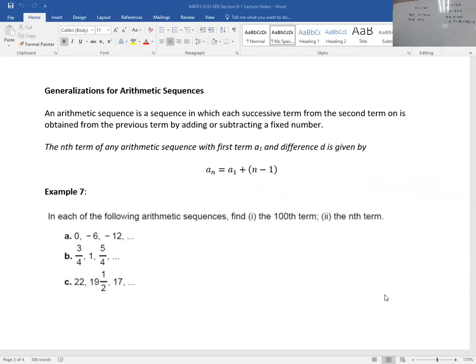But if you're not familiar with it, an arithmetic sequence is just a sequence in which each successive term from the second term on is obtained from the previous term by adding or subtracting some fixed number.